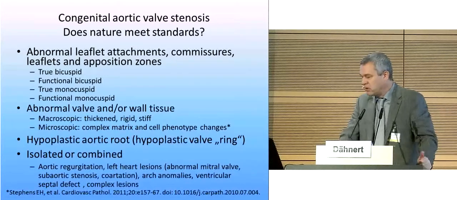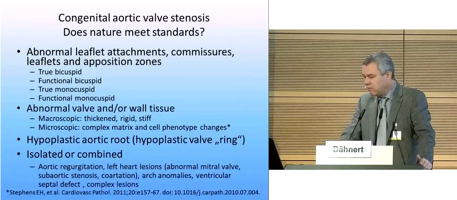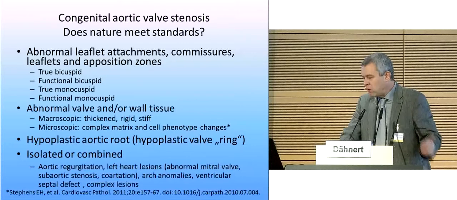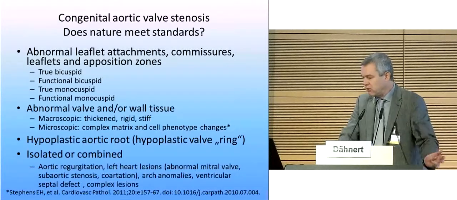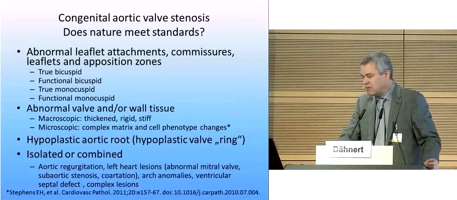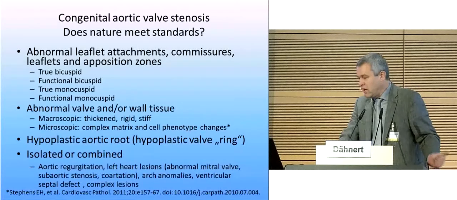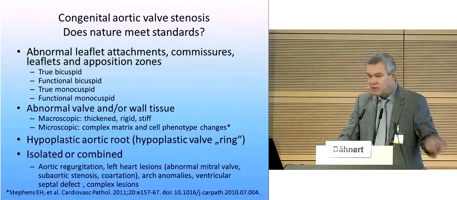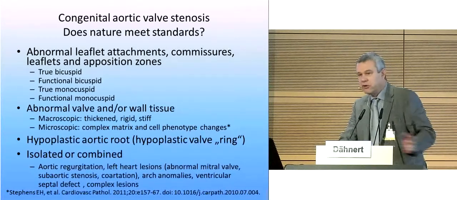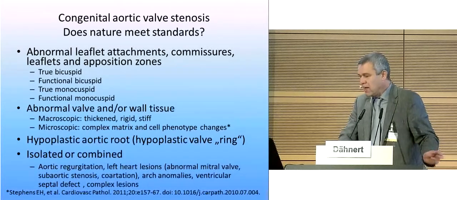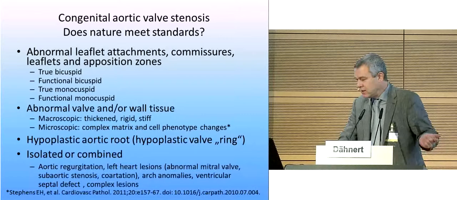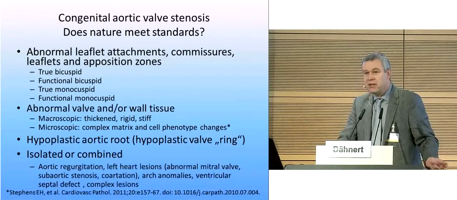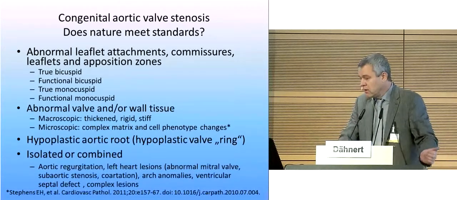The bicuspid or monocuspid valve, and we have problems with the commissures, with the leaflets, and with the apposition zones, and they look different in different patients. Sometimes the valve tissue is involved and is thickened, rigid, stiff, and this can be different for different leaflets. And not only the macroscopy is different, also the matrix in histology is different, and the cells are different.